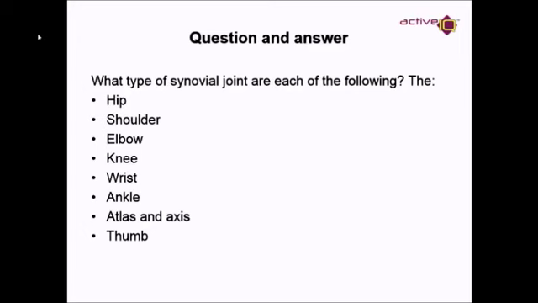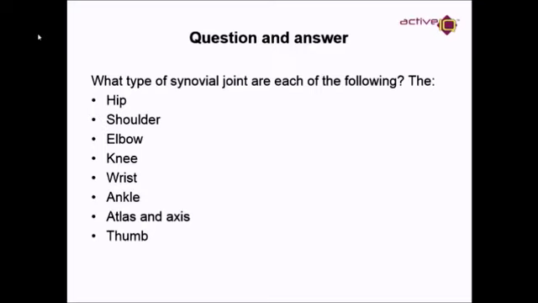Okay, so hopefully you've seen that and you've been able to identify which type of joint is active in these different areas. At the hip and the shoulder, we have a ball and socket joint. We have that ball on the end of the bone, connecting in, and that's a ball and socket joint.